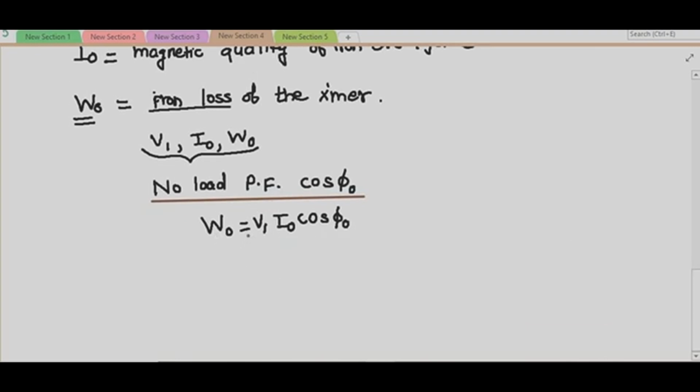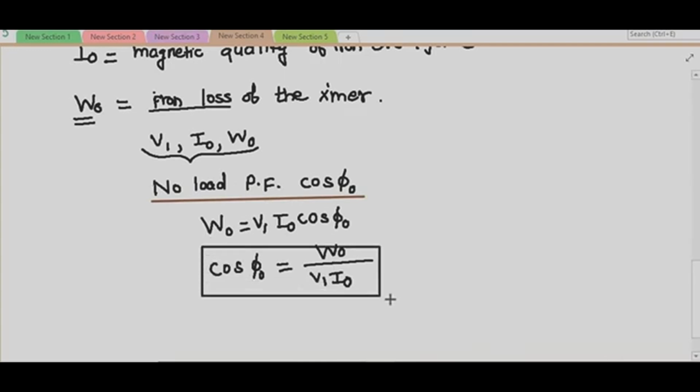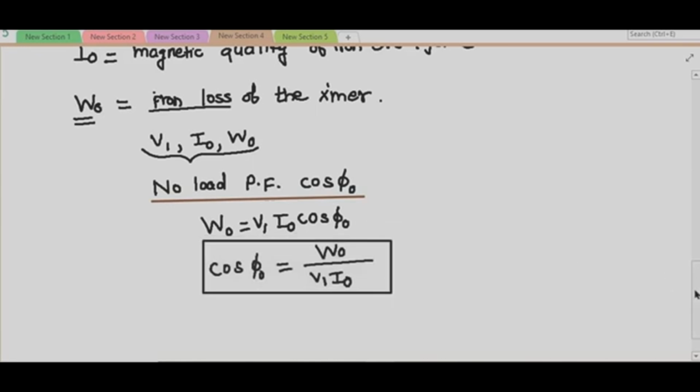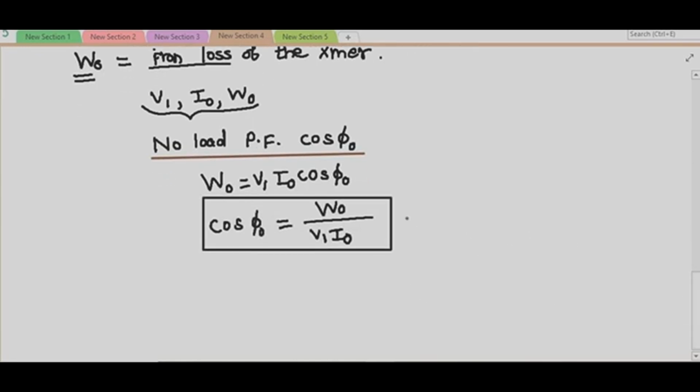As we know W0, V1 and I0, from this I can find out the no load power factor, which is nothing but the ratio of no load power and the product of primary voltage and the no load current. This is one calculation that you have to do from the readings that you obtain from the no load test. This is your equation number 1.